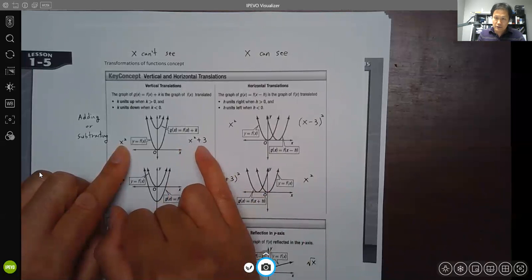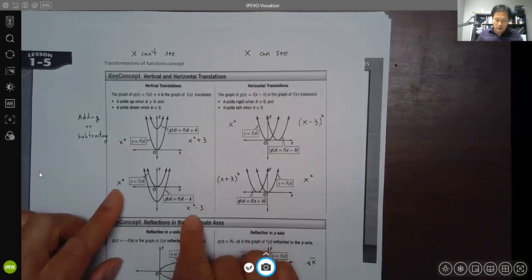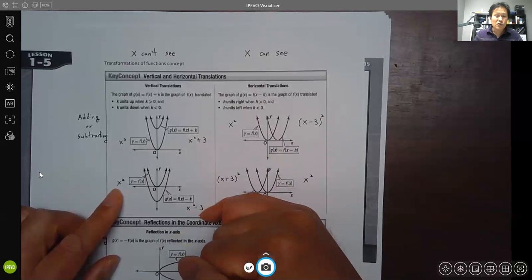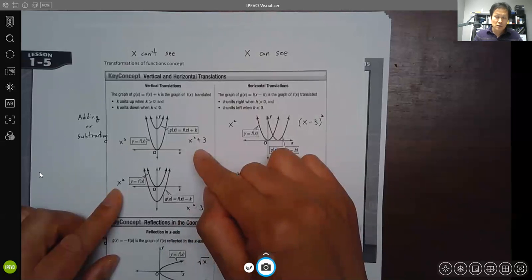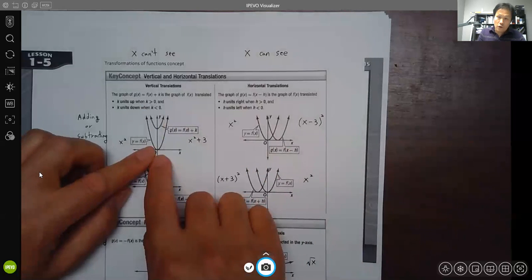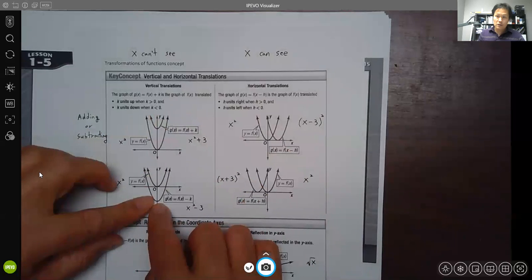X cannot see 3. If you look at x squared minus 3, I'm saying x cannot see minus 3 either because of the square. So plus 3 here, minus 3 here has nothing to do with x, meaning it has to do with y. Since it's plus 3, whatever the original graph, you move up by 3. If you have x squared minus 3, you move down by 3.